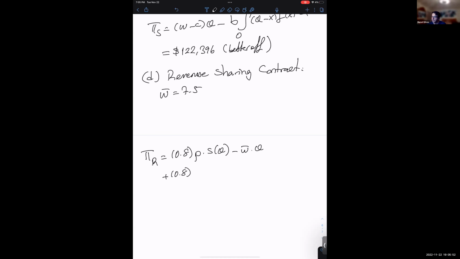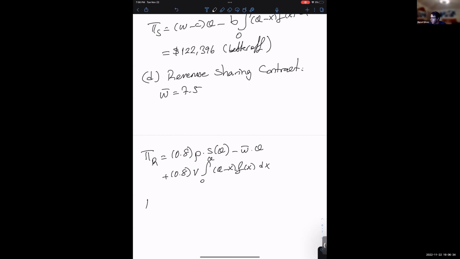Of course, you might have a special statement and detail in the contract saying that the revenue sharing only applies to regular cases, not the unsold items that we salvage at $4.99. But in this case, there is no such special wording in the statement of the problem. So I am applying 80% to the salvage revenue as well. Revenue is revenue, whether from regular sales or from salvage. So that's 80% of V. And then, of course, remember, this is the integral from 0 to Q of (Q minus X) f of X dx.